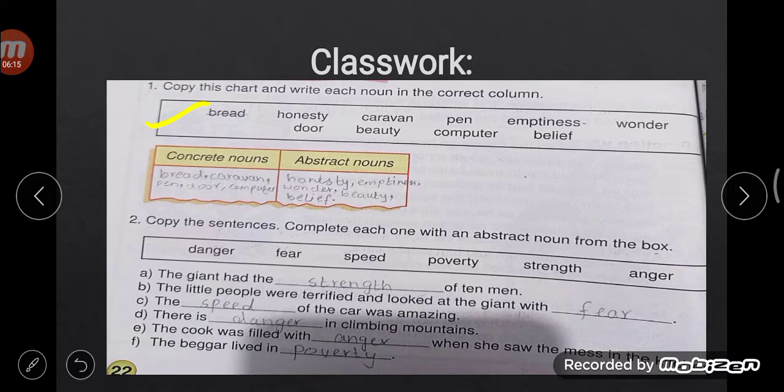Bread is a thing that we can touch and see, so you will write bread in concrete nouns, then caravan, then pen, door, and computer. Okay?